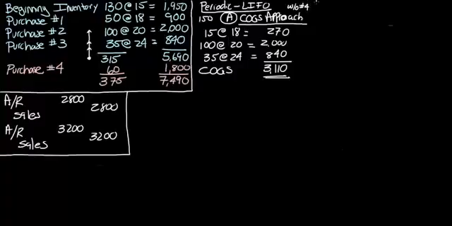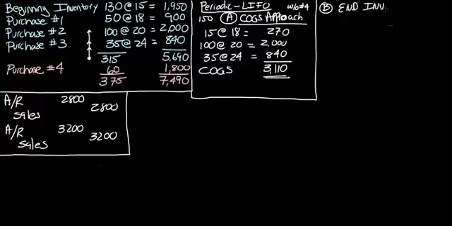Let's look at this now from a different approach, the ending inventory approach. And this again was without number 4. Okay, well, what happened? Well, I sold 15 of these. If I sold 15 of these, how many do I have left? I have, I believe, 35.